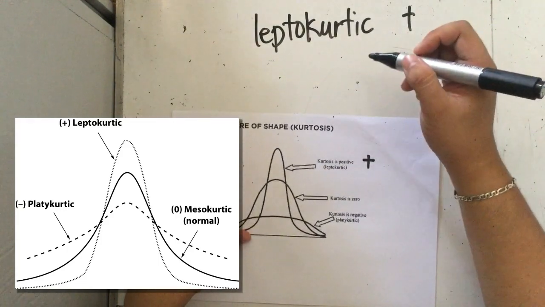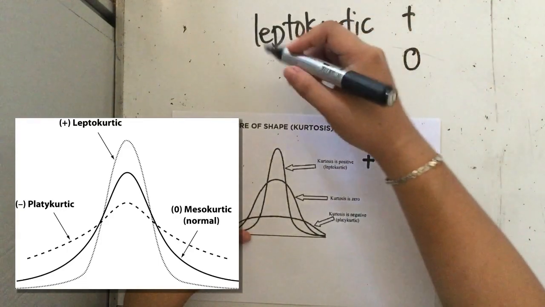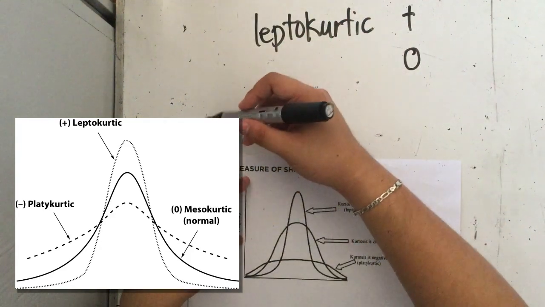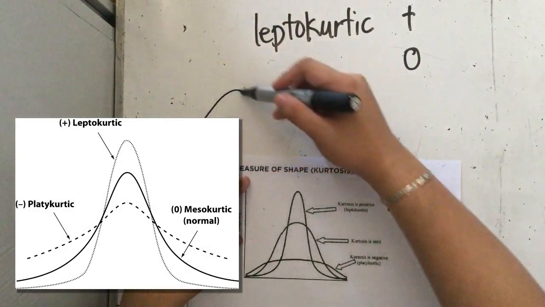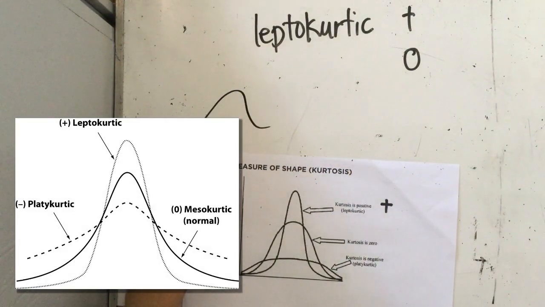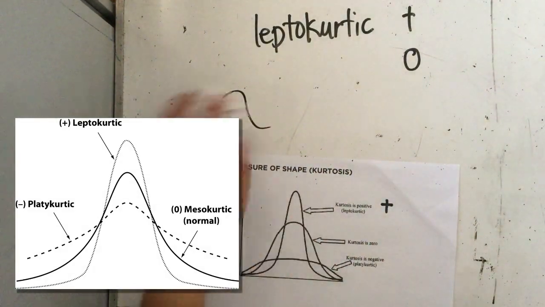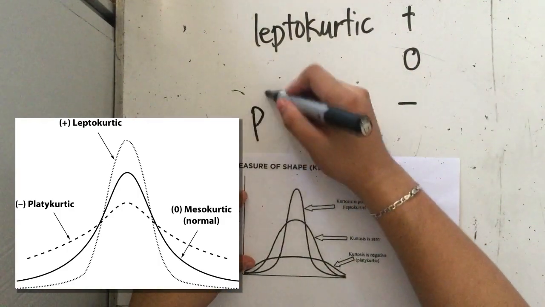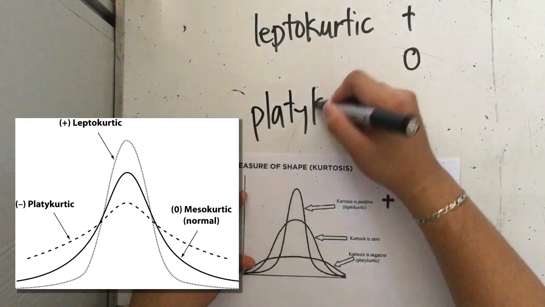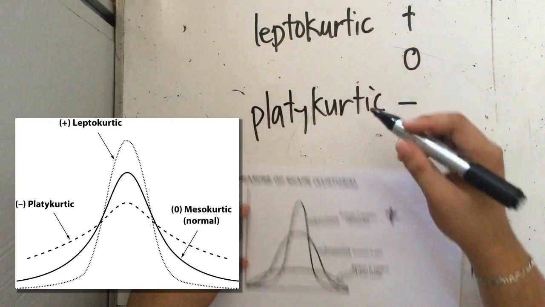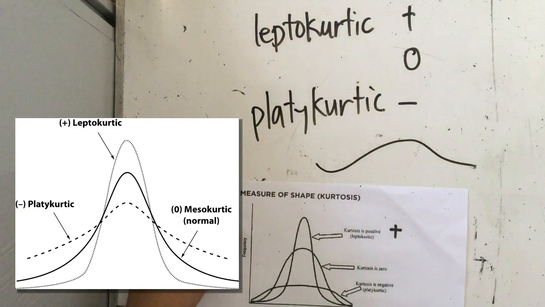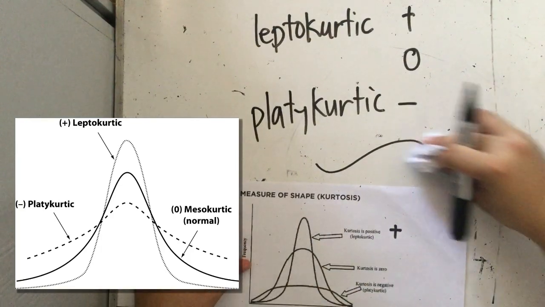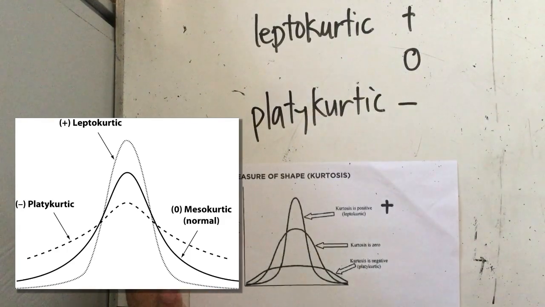If the thickness is 0, makikita natin na normal yung ating kurtosis. And then kapag negative, we call that platykurtic. Flat naman yung thickness ng ating data.